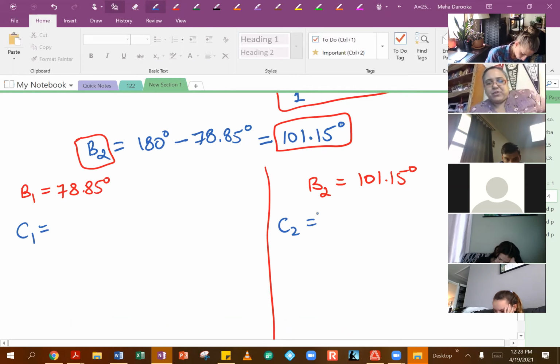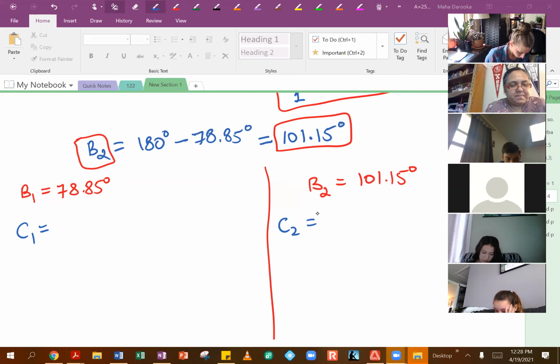So give me the value for C1 first, and then the value for C2. And again, we're keeping the 2 decimal rounding for all of these values.